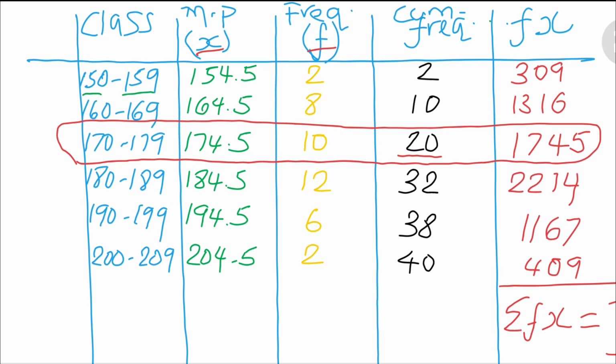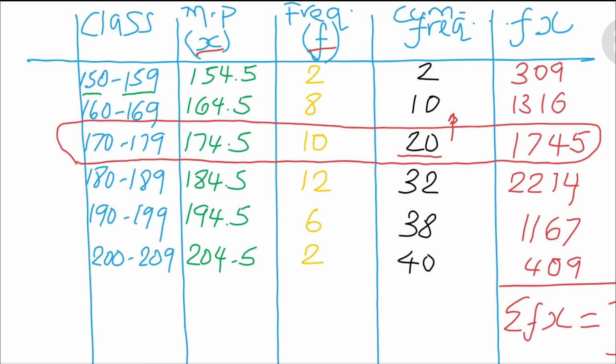So having 20, we can clearly see that that class is 170 to 179, more precisely 169.5 to 179.5. We can see that the frequency is 10. We can see that fx is 1745, and of which maybe we may not use. And we can see the cumulative frequency above 20, it's actually 10.